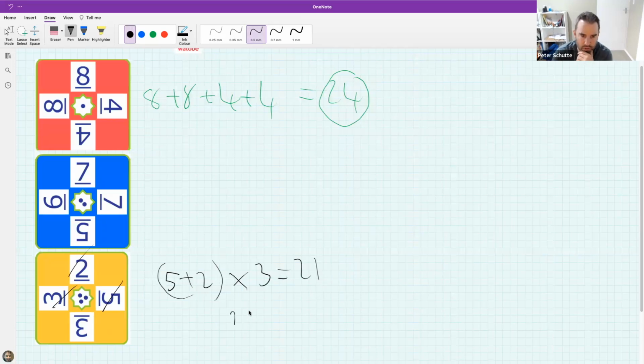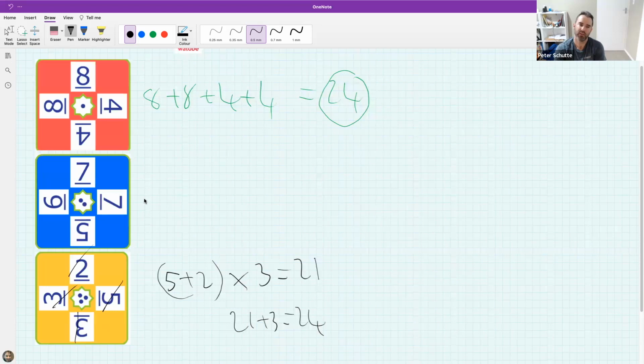And you've got one more 3 left. So that gives you 24. So that is the yellow one. Now the blue one is a sneaky tough one. Maybe we should just leave it till later in the lesson if we have time.